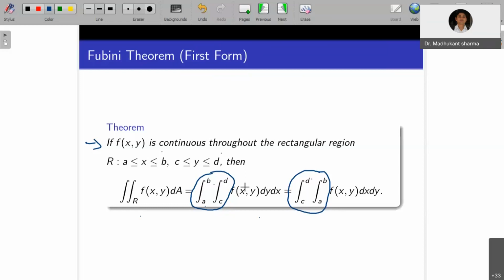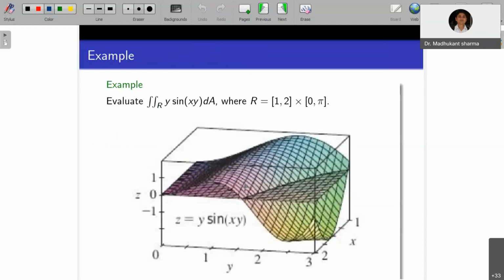Let's see one problem that you can work out. Evaluate the double integral over R of y times sine of x y dA, where R is this rectangle.